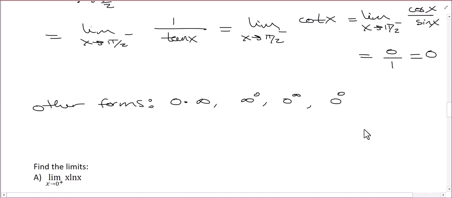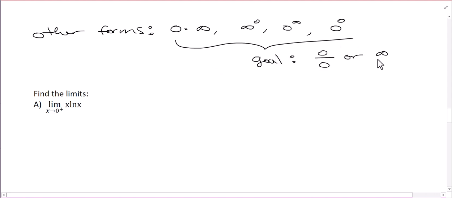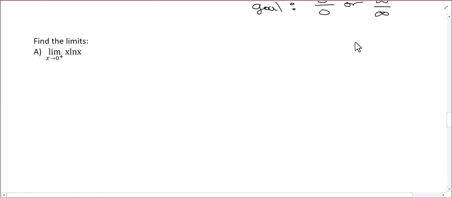So these are all versions of indeterminate forms. And when we encounter anything like this, our goal is to turn them into either 0 over 0 or infinity over infinity. So you'll have to do some algebra in order to turn them into those forms.